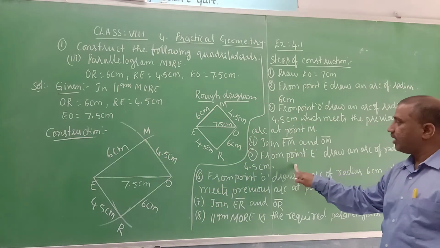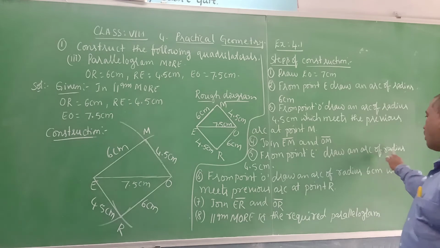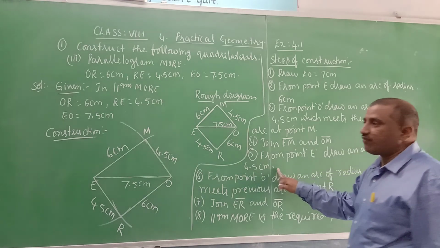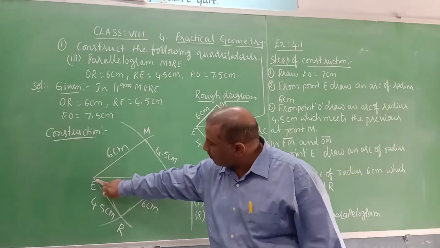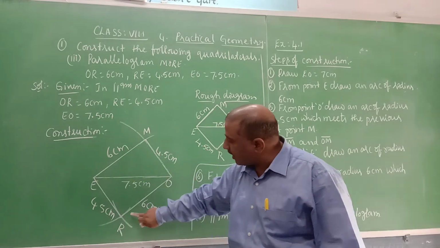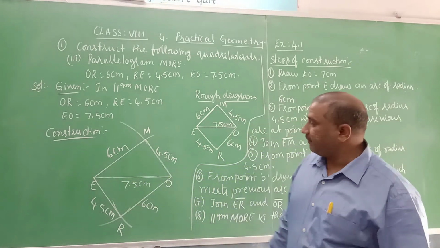Now fifth step, from point E, draw an arc of radius 4.5 centimeters.